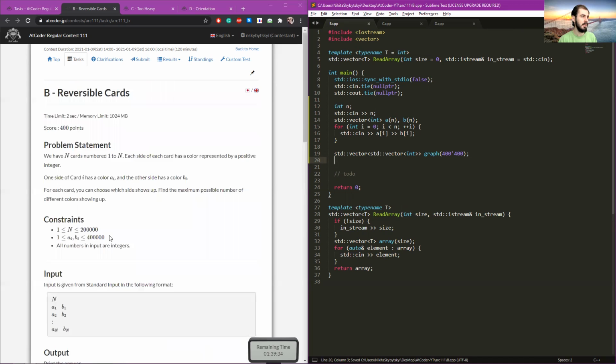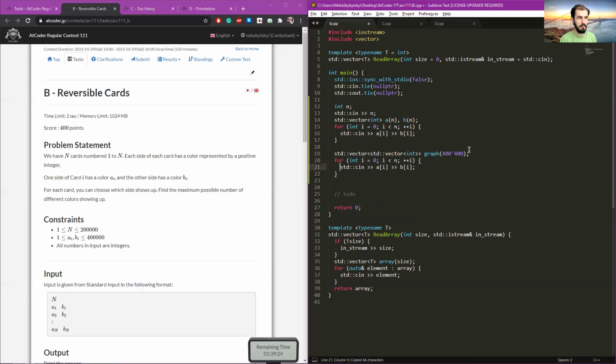Also, numbers are from 1 to 4,000, so we don't have to worry about subtracting 1 or anything.